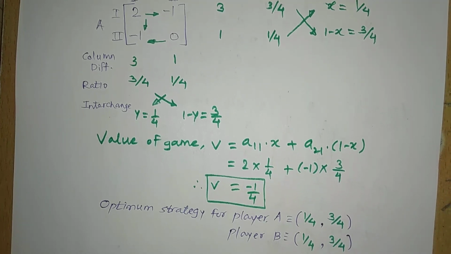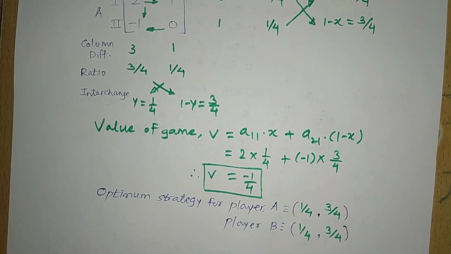So this is the complete solution for the given problem. In a mixed strategy game, we always have to write the value of game and the probabilities for the strategies, that is, the optimum strategies for each player. I hope you understood the concept of game formulation and solving a 2 by 2 matrix.